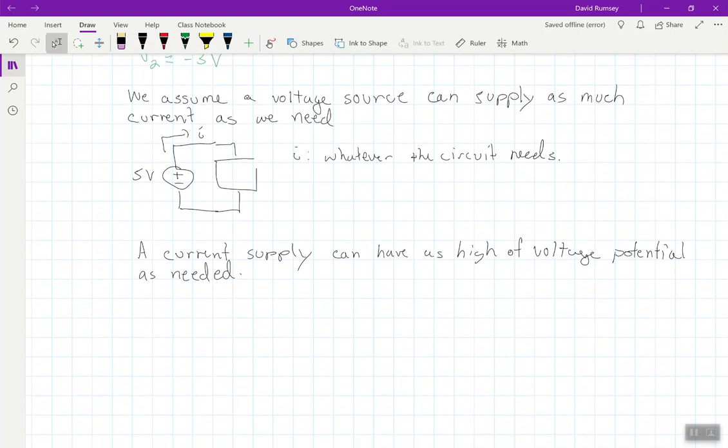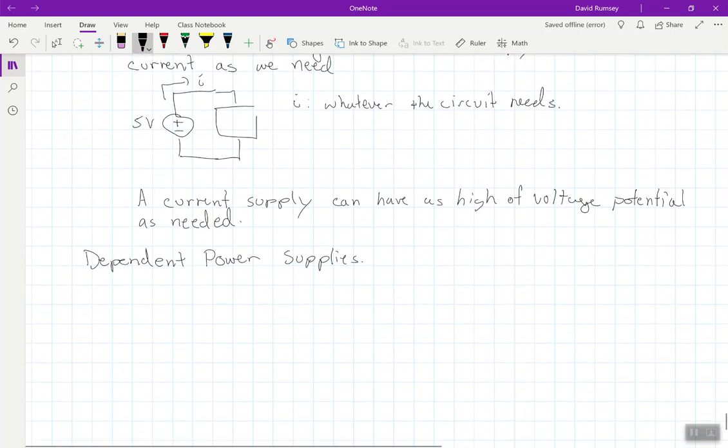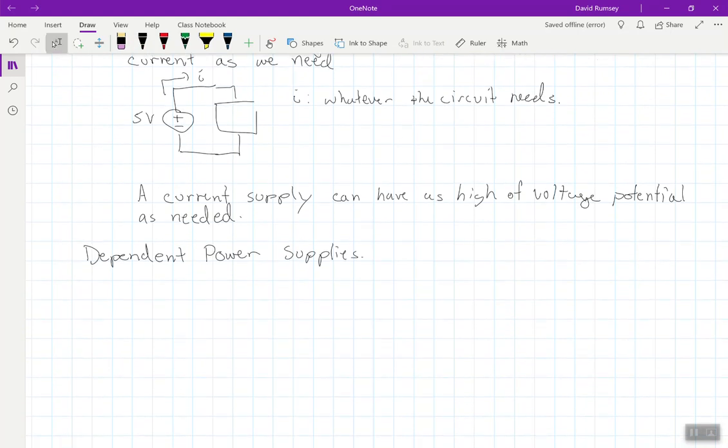Now this is independent power supplies. We said there are 2 types of power supplies. Let's look at the other type, which is dependent power supplies. Now, just like independent, they'll be able to supply as much current as needed, and as much voltage potential as needed as well.